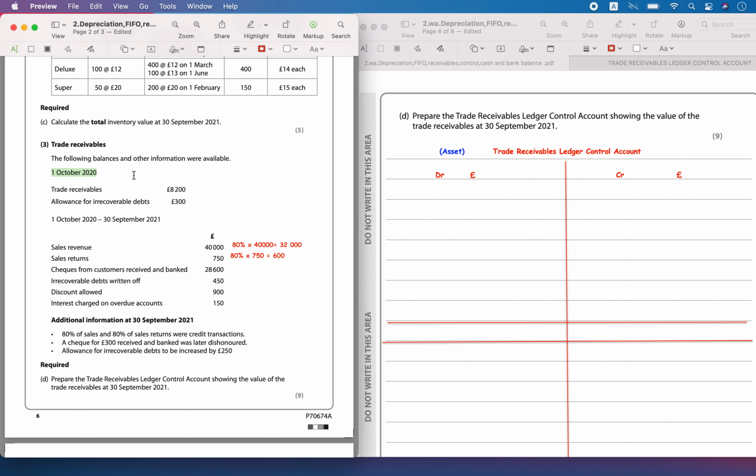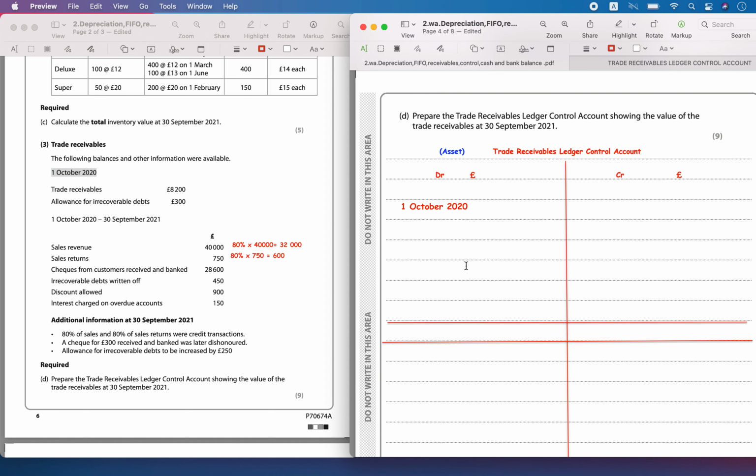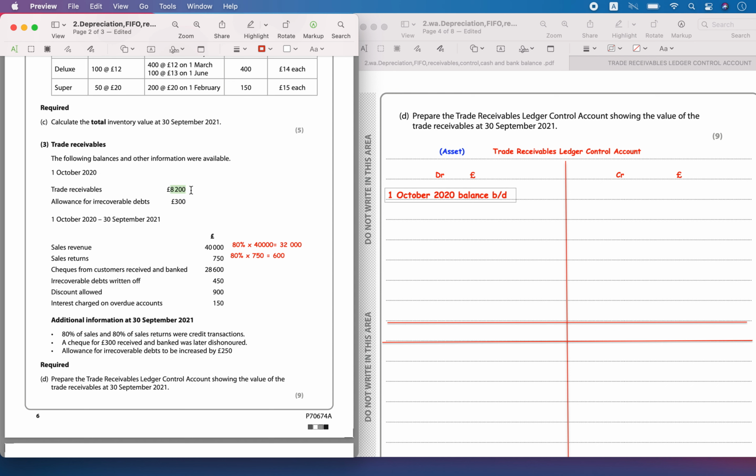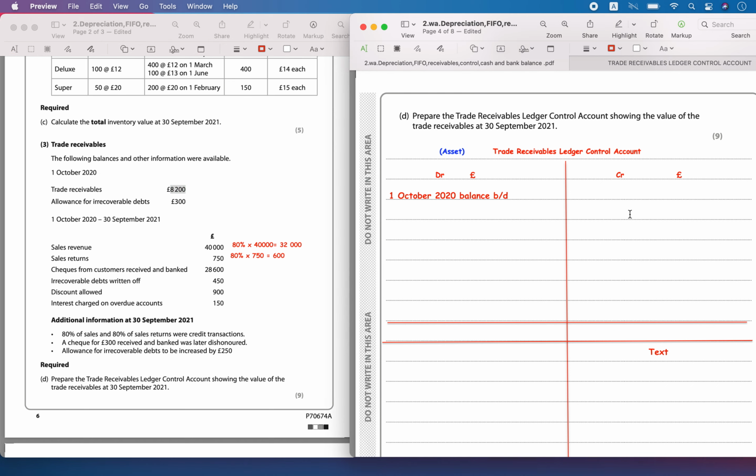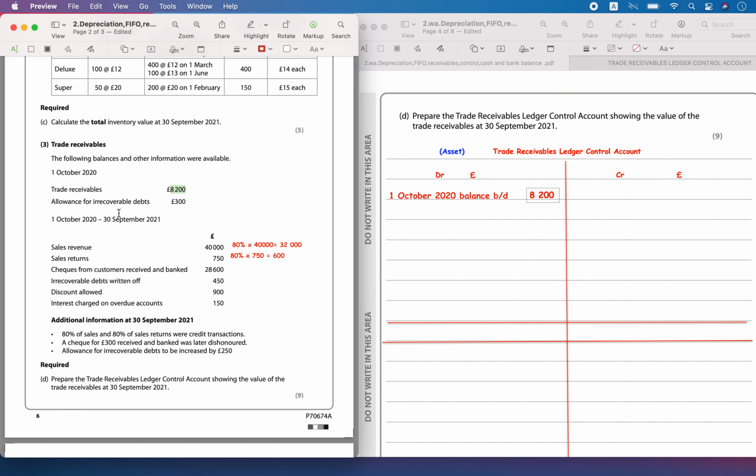Now let's prepare it here on the 1st October 2021. We have to show what is on 1st October 2020. The balance brought down was 8,200, so let's write it here.